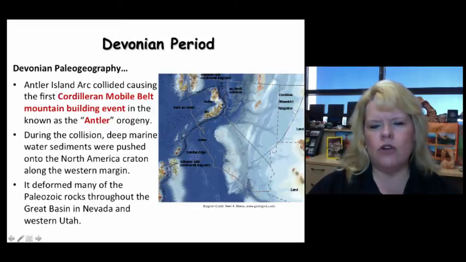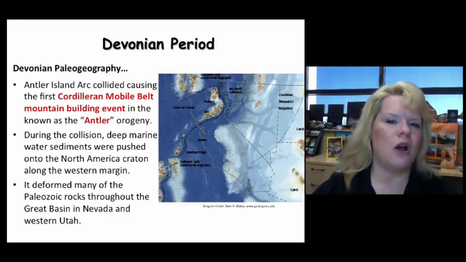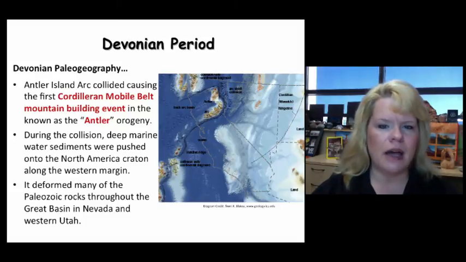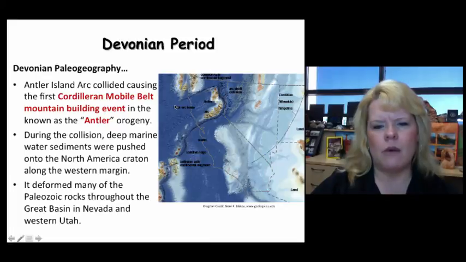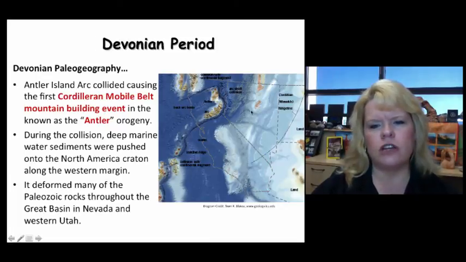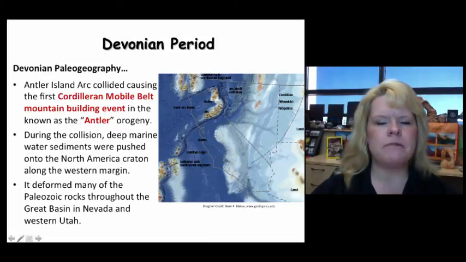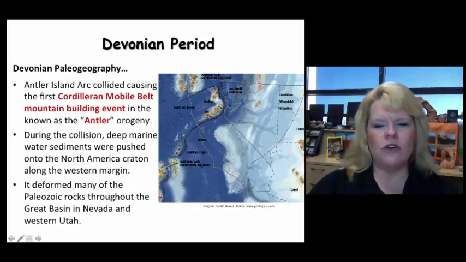This is going to be your Antler Island Arc right here, and this is the theme that you saw in the early Paleozoic, where island arcs were pushed into our craton by some type of mid-oceanic ridge beyond them that was separating, pushing the crust in towards the nearest continent. So in this case, the Antler Island Arc is going to come into the west coast.